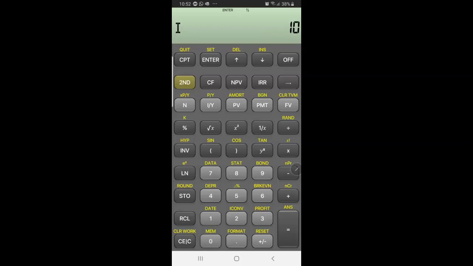So write 10, don't write 0.10. Write 10 and then press enter and then go down. Then it says compute. Okay, so press the compute button.